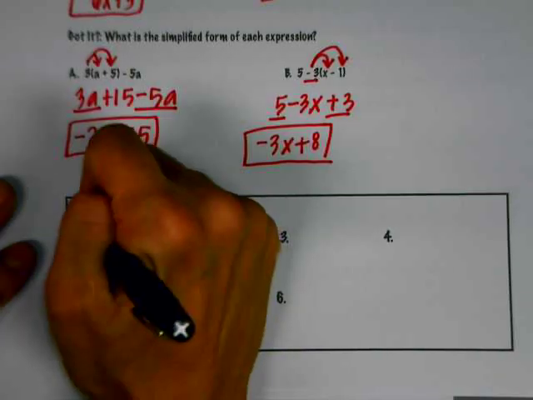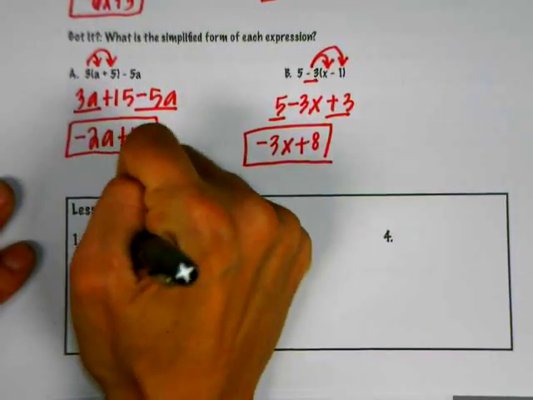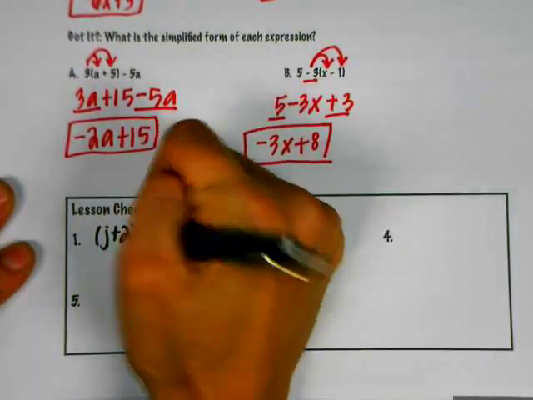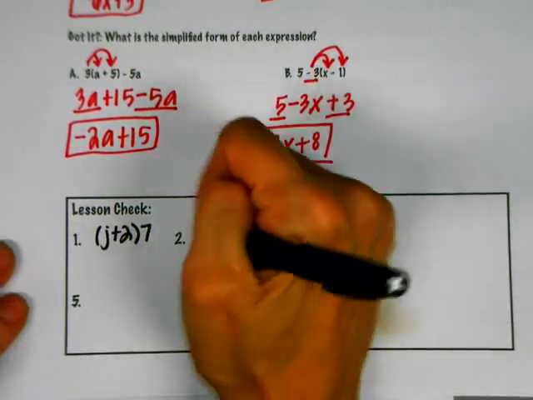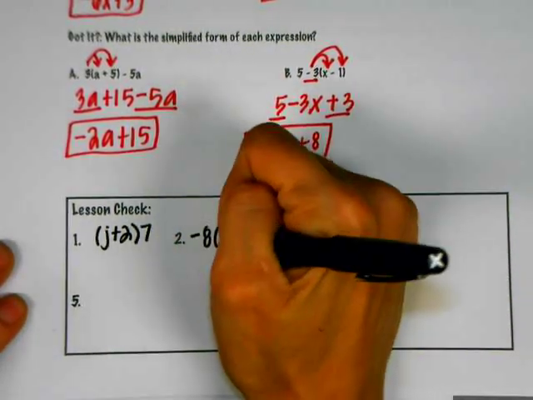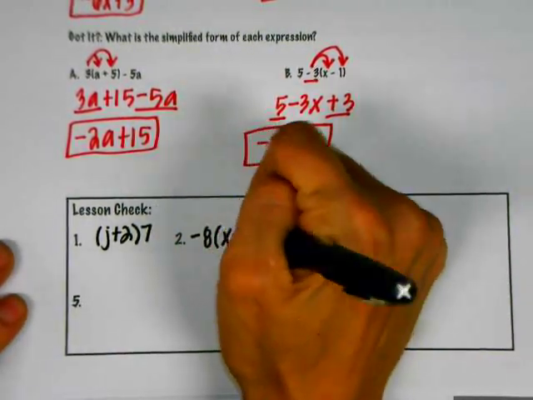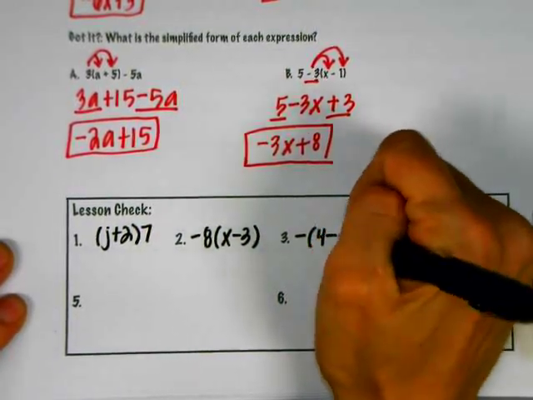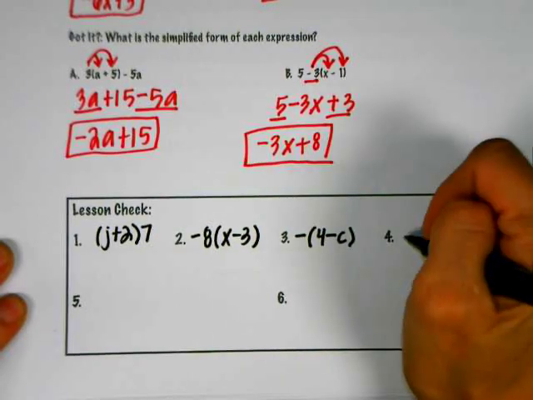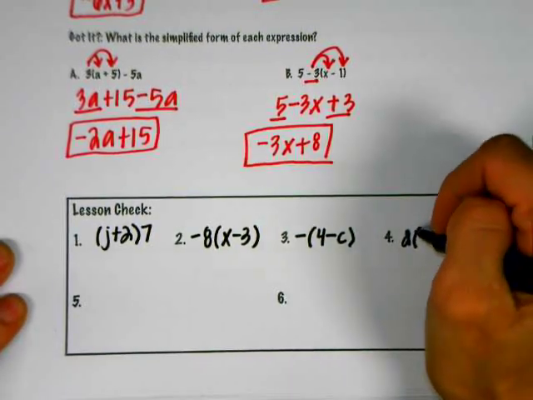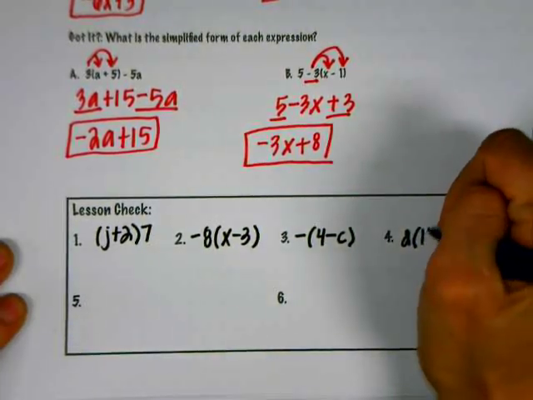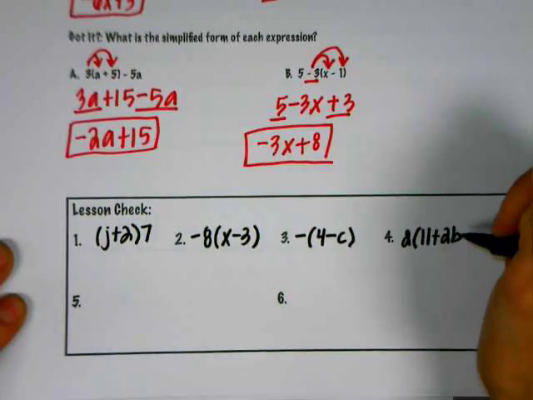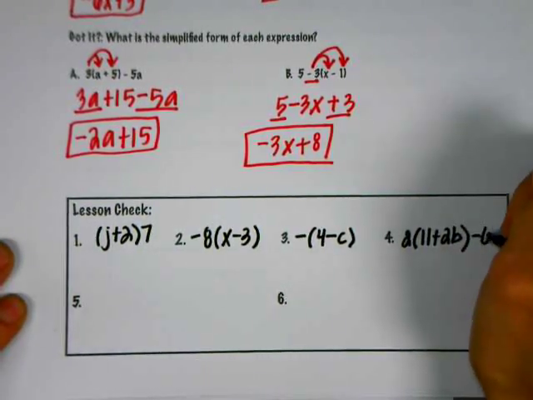So you have j plus 2 times 7, -8, x minus 3, -4 minus c, 2, 11 plus 2b minus 6b.